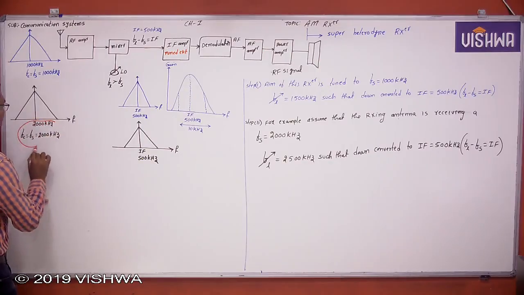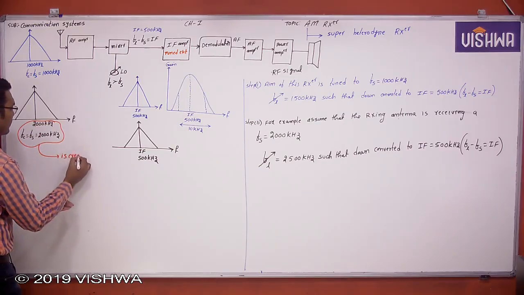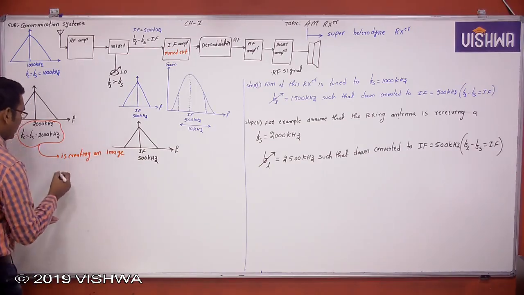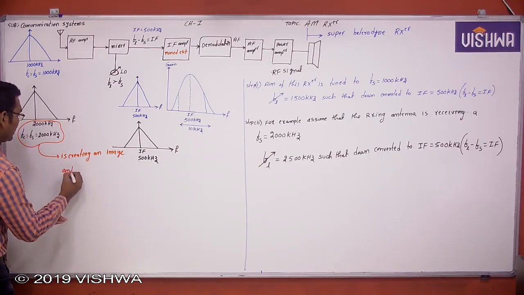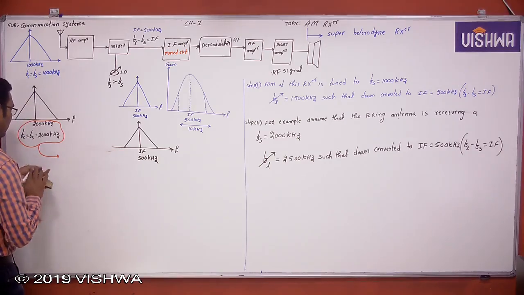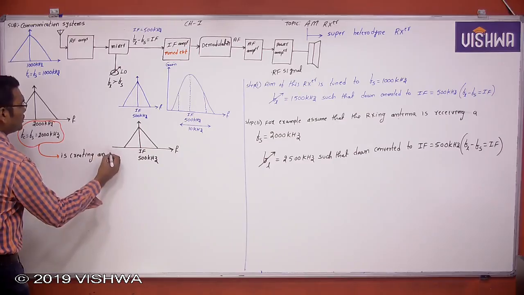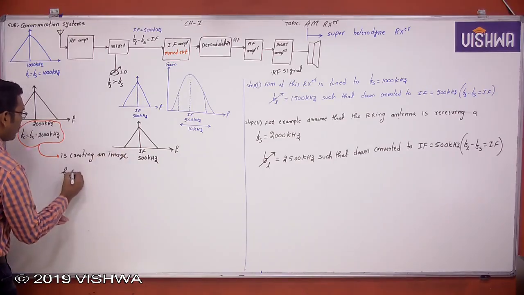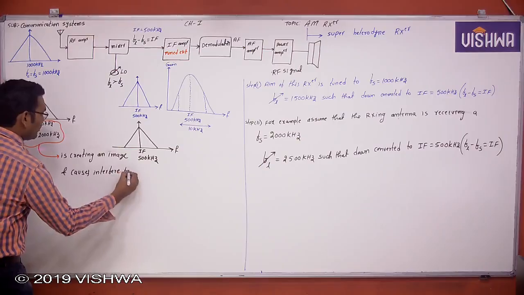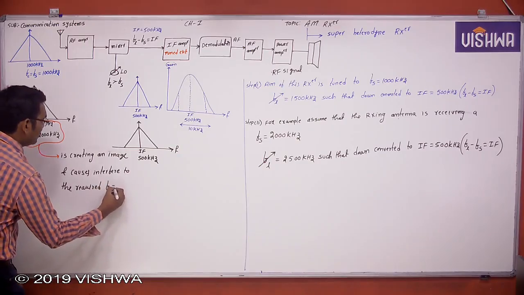Now this 2000 kHz signal is creating an image and causes interference to the required signal.